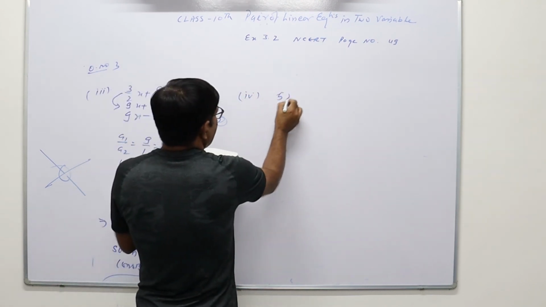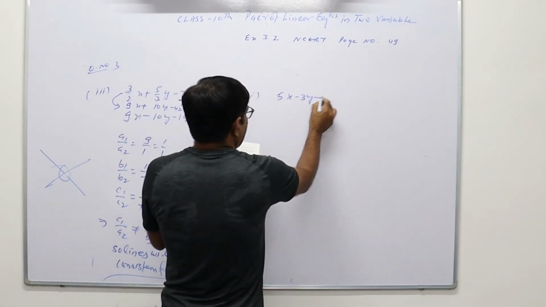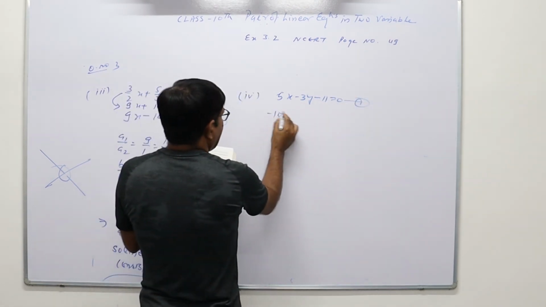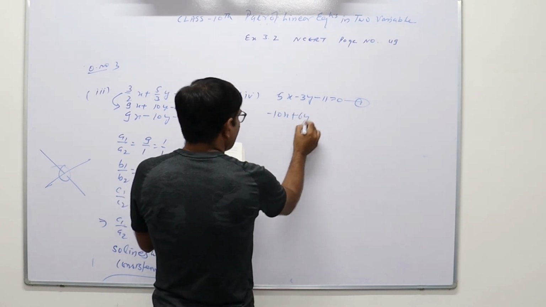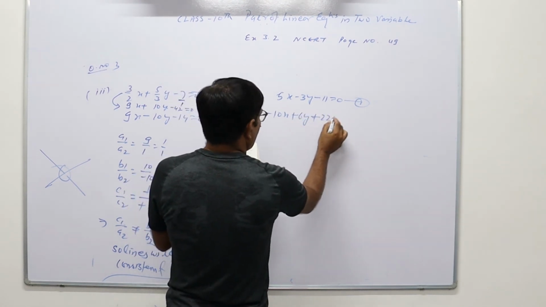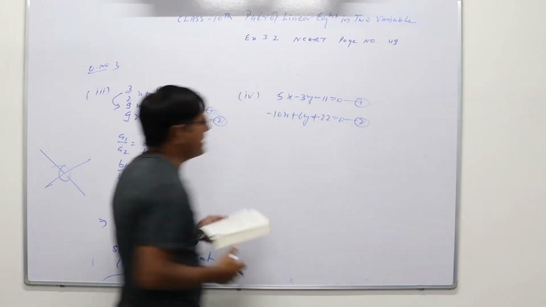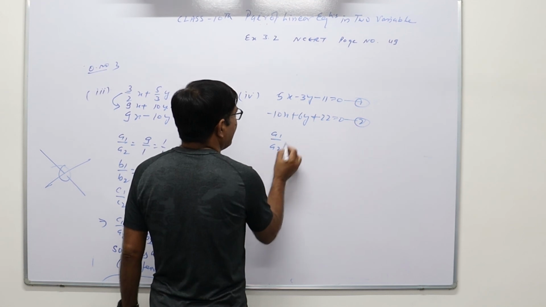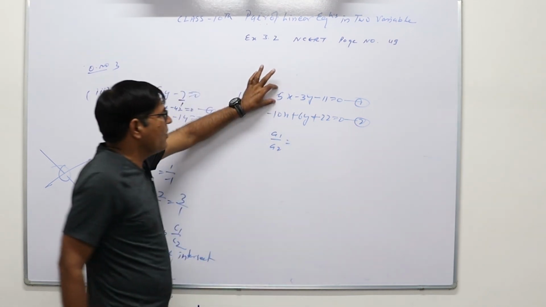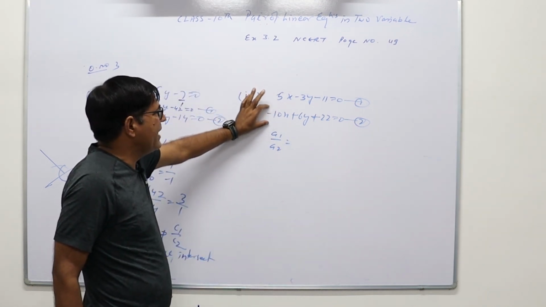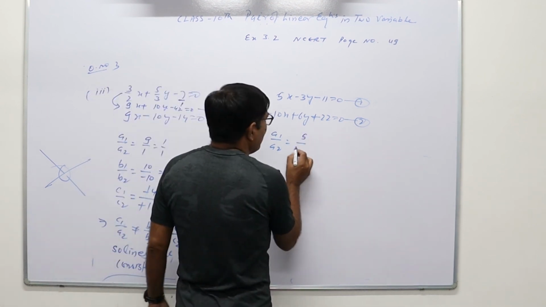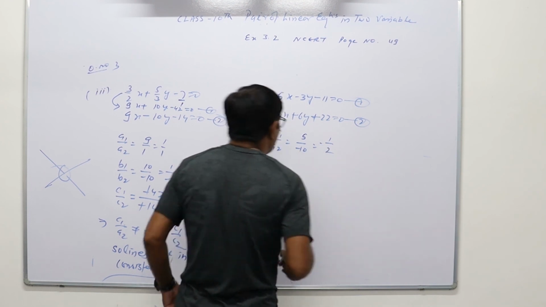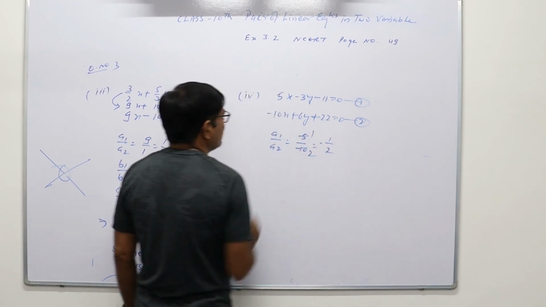The system is 5x minus 3y minus 11 is equals to 0, minus 10x plus 6y plus 22 is equals to 0. I am writing in standard form. So compare a1 upon a2. पहली लाइन में x का कोएफिशिएंट a1 है, दूसरी लाइन में x का कोएफिशिएंट a2 है. So 5 upon minus 10, that is minus 1 upon 2. Okay, 5 1 जा 5, 5 2 जा 10.